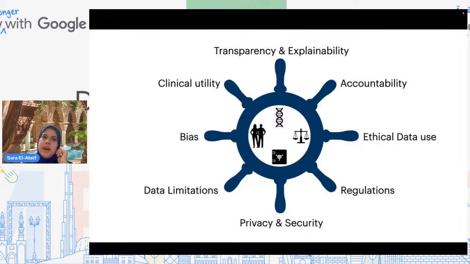Apart from these things, in healthcare there are a lot of things we need to account for. Actually, in real life, there are a lot of things we need to account for if we're going to deploy AI that is going to be used by other humans. Some of these things are transparency and explainability.